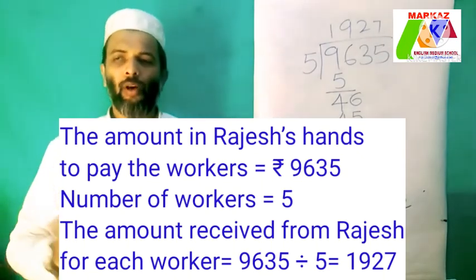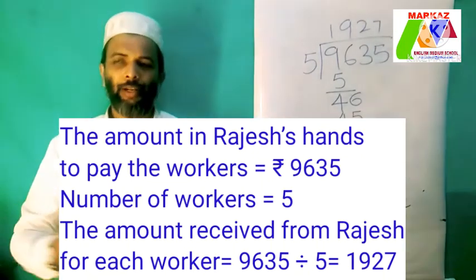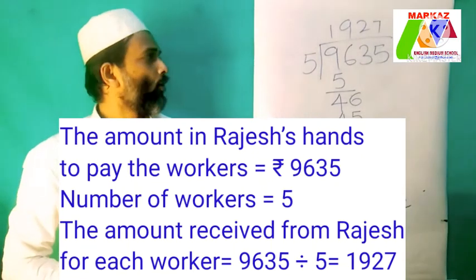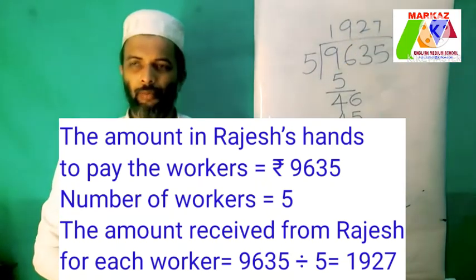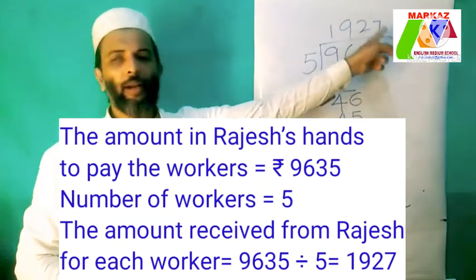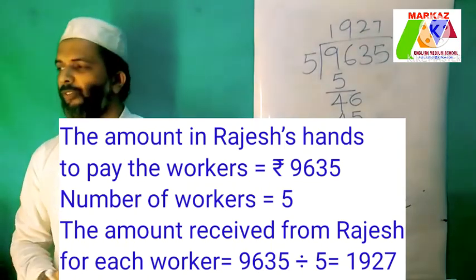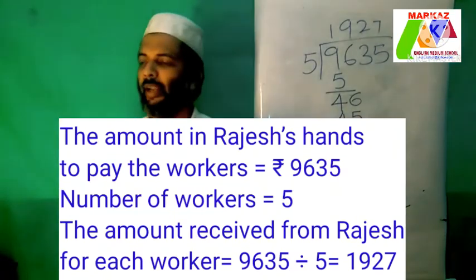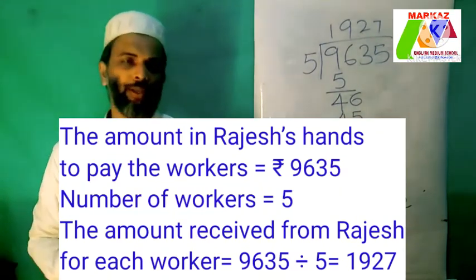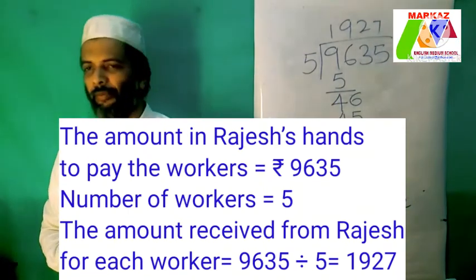Amount received per worker is equal to. Quotient is 1927. 1927. Okay. Amount received per worker is equal to 1927 rupees.